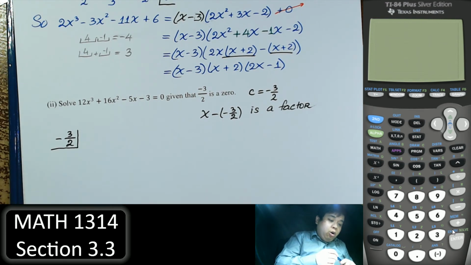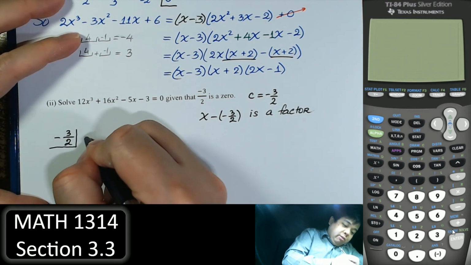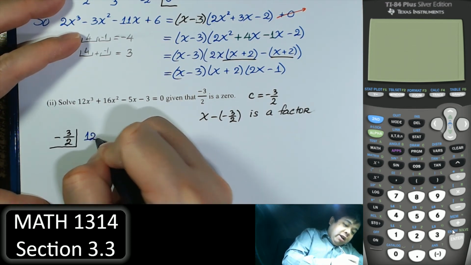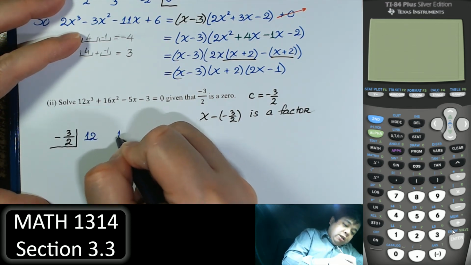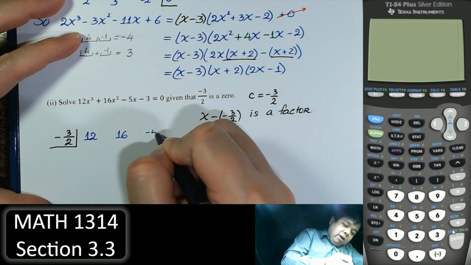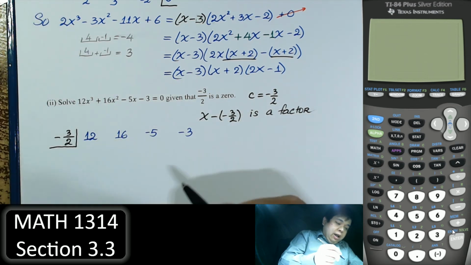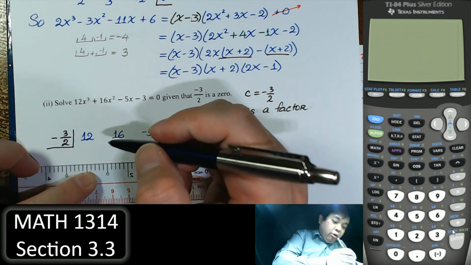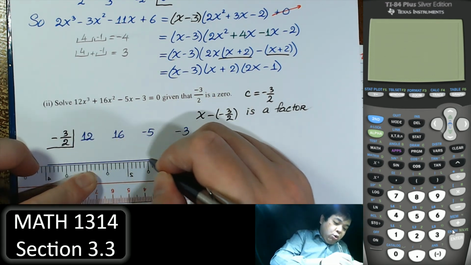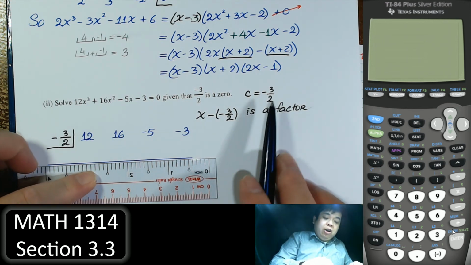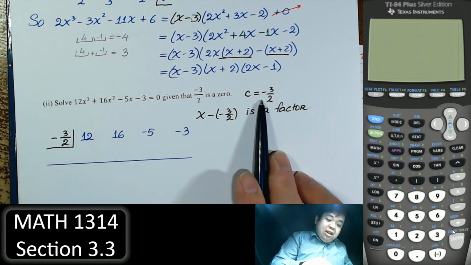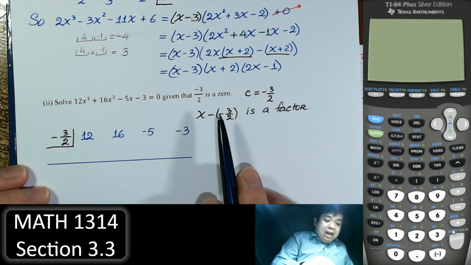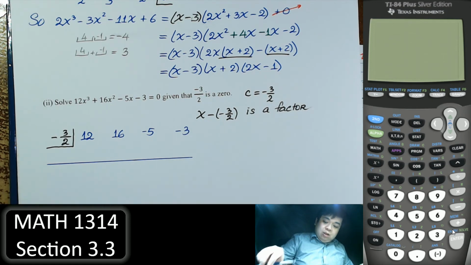This is the polynomial that we divide, the dividend 12x cubed plus 16x squared minus 5x minus 3. When we use synthetic division, we expect to get the remainder equal to 0, because that is a 0 and that is a factor, right?